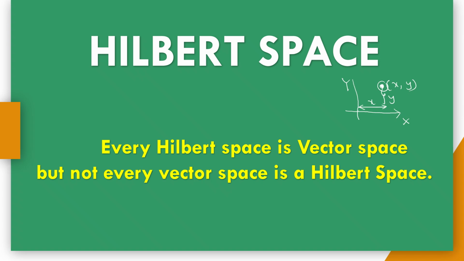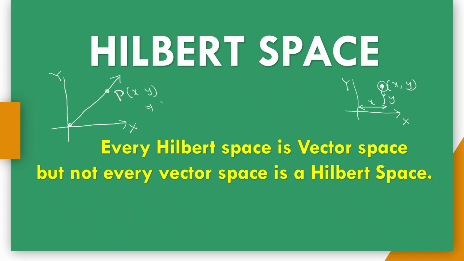Similarly, in the case of vector space, we represent the system with x, y, and this is the point, and this is the origin. This point is taken as P, with the same coordinates x comma y.